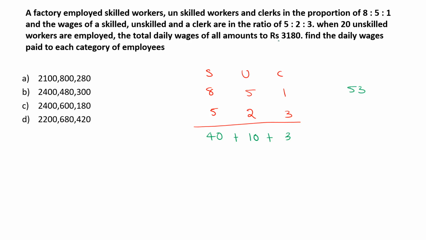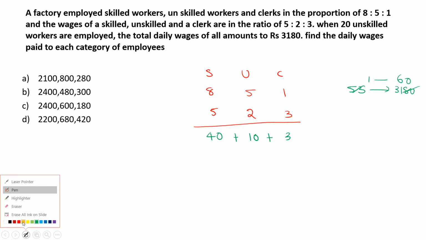But the actual total daily wage of that employer is given as 3180. When the value of 53 units becomes 3180, the value of 1 unit is nothing but 60. Then we need to tell the daily wages of each category of those persons.